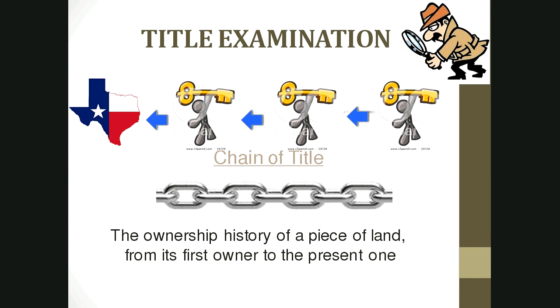Normally it goes back to the state or the United States. You can only go back so far to when the jurisdiction was created, right? So if you are searching Texas, you're going to get all the way back to like 1836 when Texas was its own country.